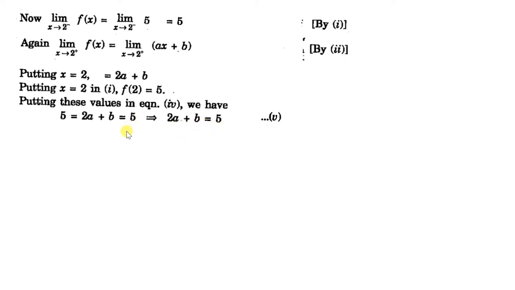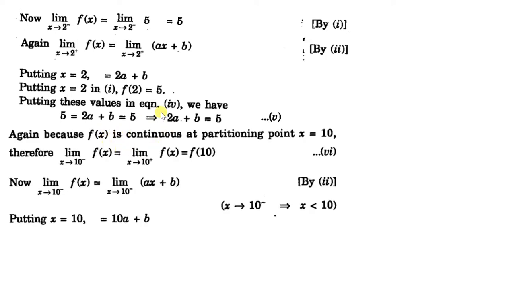Now at 10 also we will find the left hand limit and the right hand limit. On the left of 10 the function is defined as ax plus b. So when we find the left hand limit of f(x) at 10, f(x) will be replaced by ax plus b, and putting x equal to 10 here, we get 10a plus b.